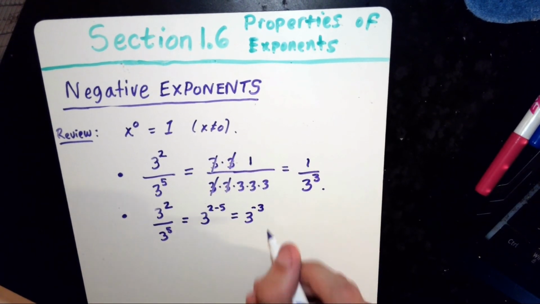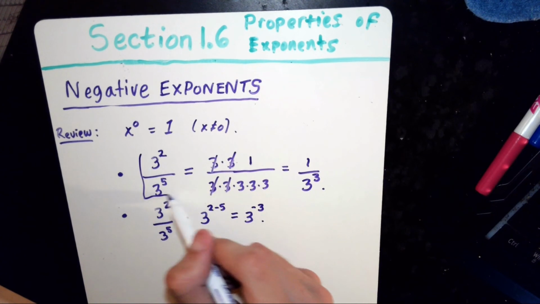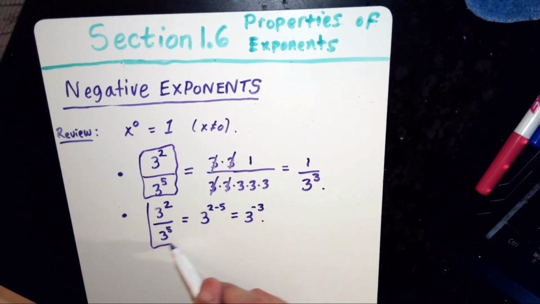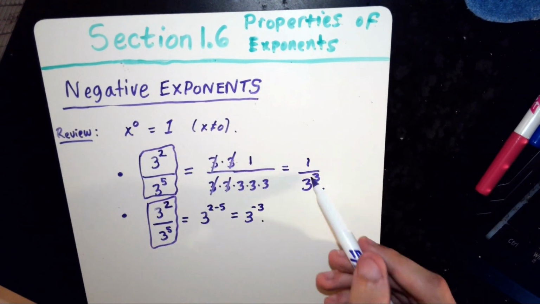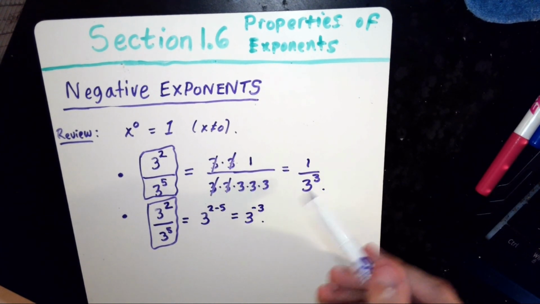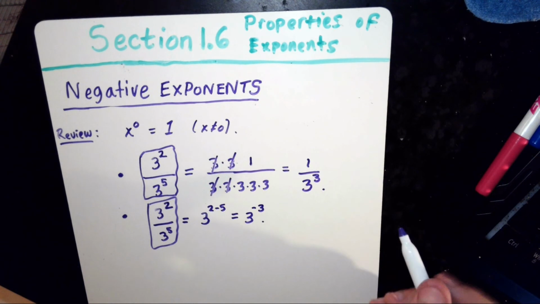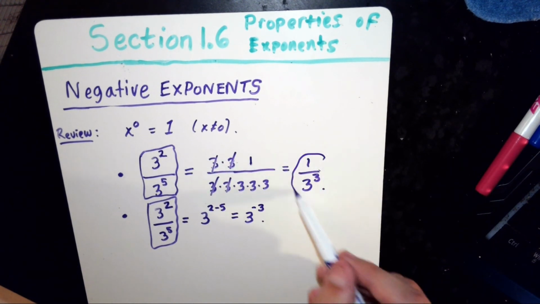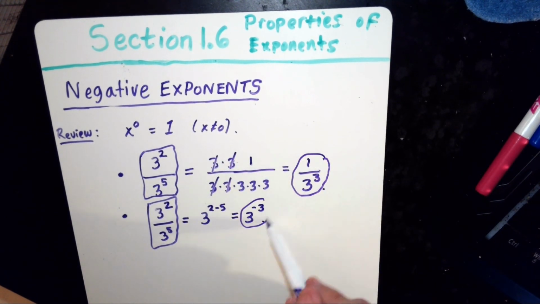And so notice, we had the same problem, but we got 2 different looking things, right? So that's actually why we define negative exponents the way we do. This, we'll say, is the same thing as this.